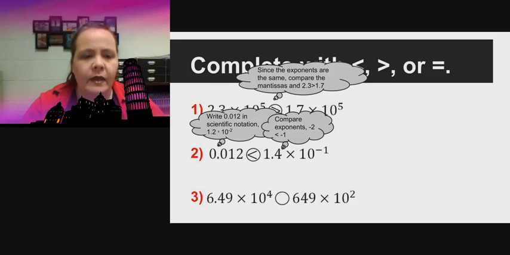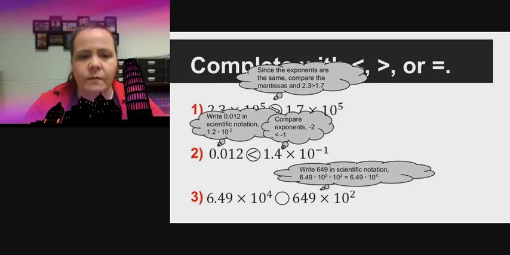And then in the last one, we have 6.49 times 10 to the fourth, and then we have 649 times 10 to the second. When we rewrite 649 times 10 to the second in correct scientific notation, we move that decimal 2 places, and that picks up 2 powers of 10. So we get 6.49 times 10 to the fourth, and those two things happen to be equal.